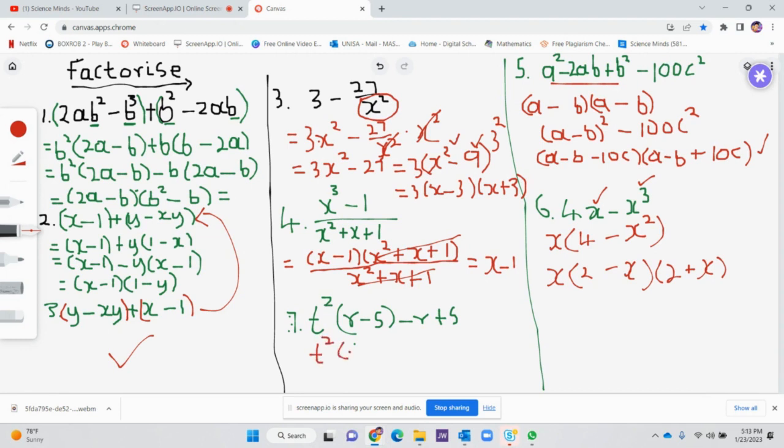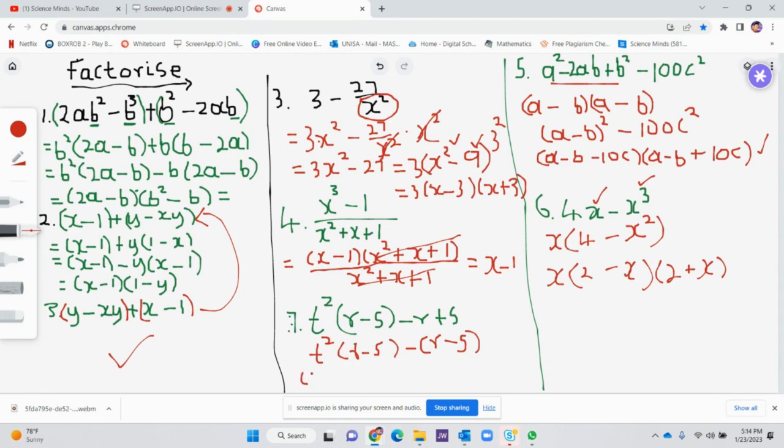The grouping has already been done. R minus S. If I take out a negative as a common factor, what's going to happen? Negative R divided by negative is going to be positive R. And a positive S divided by negative is going to be negative S. And then now the brackets look the same.